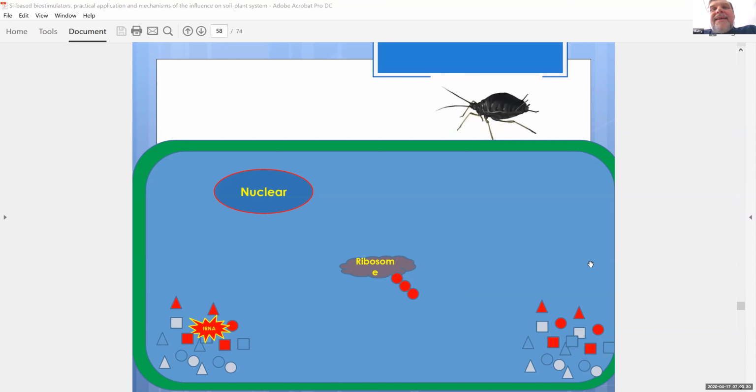But sometimes it is too late. Next. And this is what happens when the farmer has an insect attack or disease attack. Usually the plants do not die, but the plant loses a lot of energy and a lot of time fighting. Next.